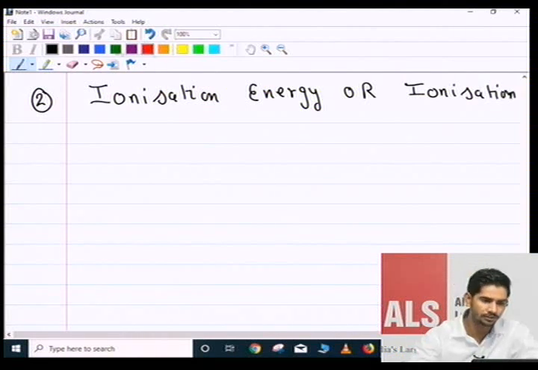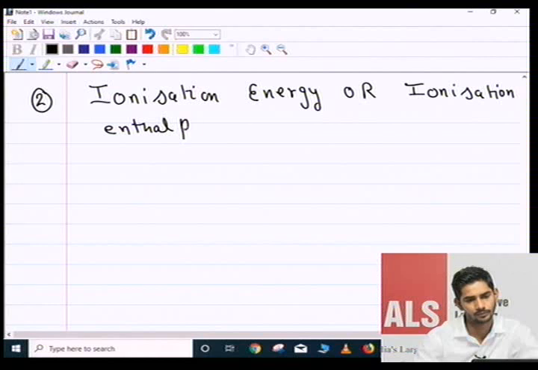You can say potential or enthalpy as well. Enthalpy. Okay.